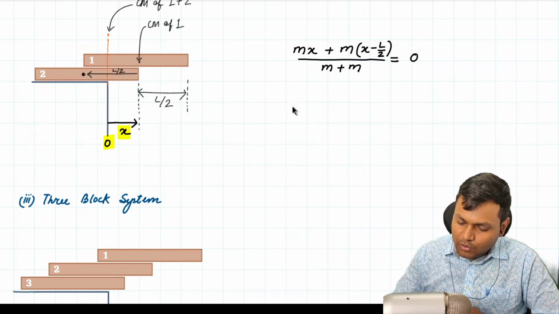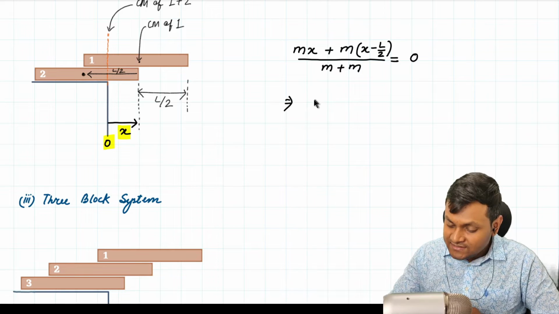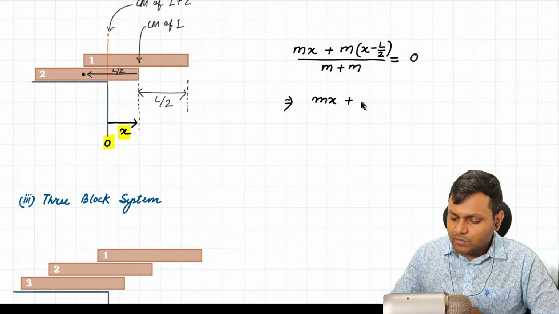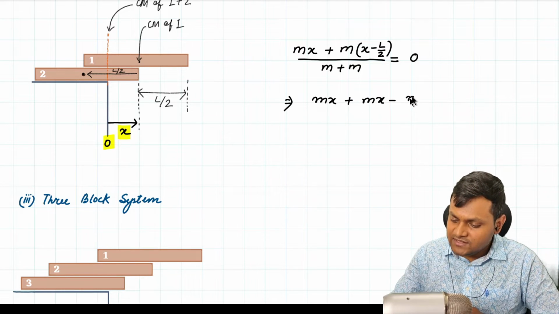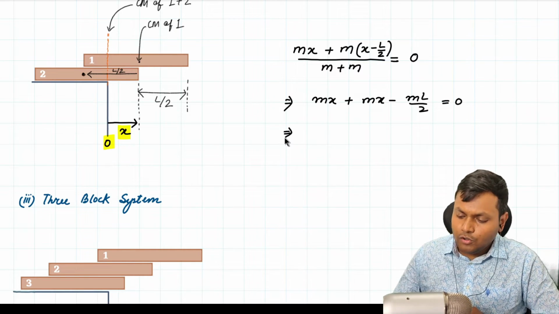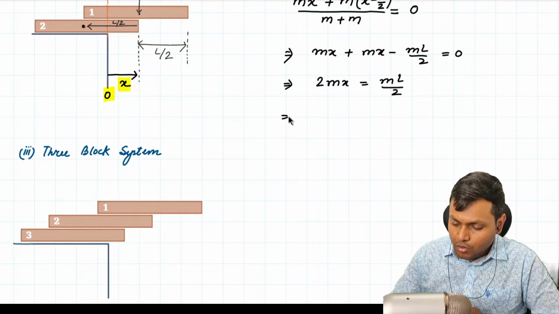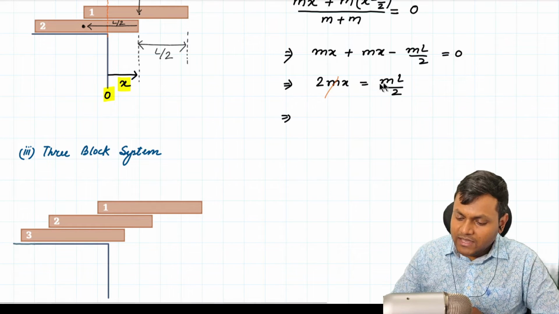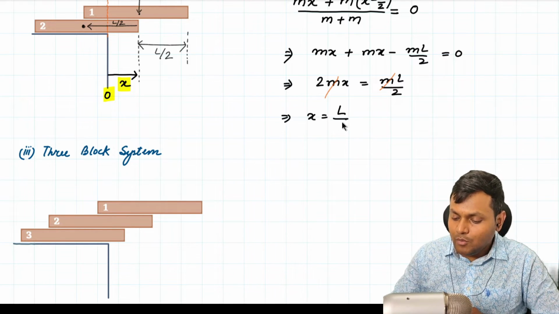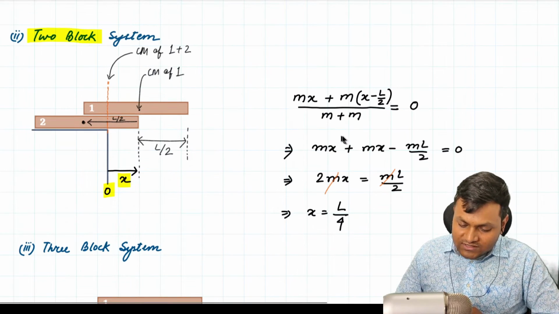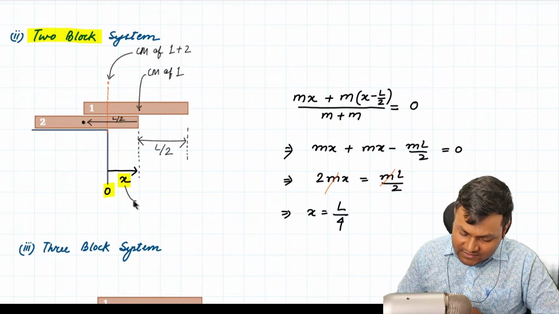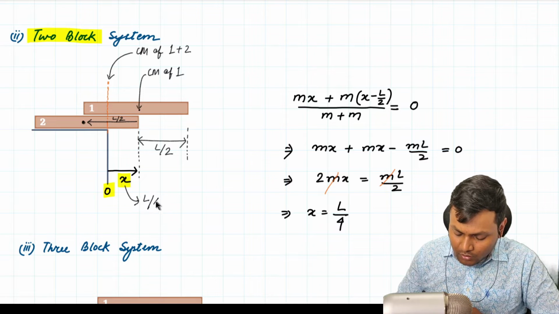Now if I want to calculate what this x is, this simply gives us mx plus m(x minus L/2) is equal to 0, or I end up getting 2mx is equal to mL upon 2, and m gets cancelled out, so x is equal to L upon 4. This simply means that this distance is equal to L upon 4.